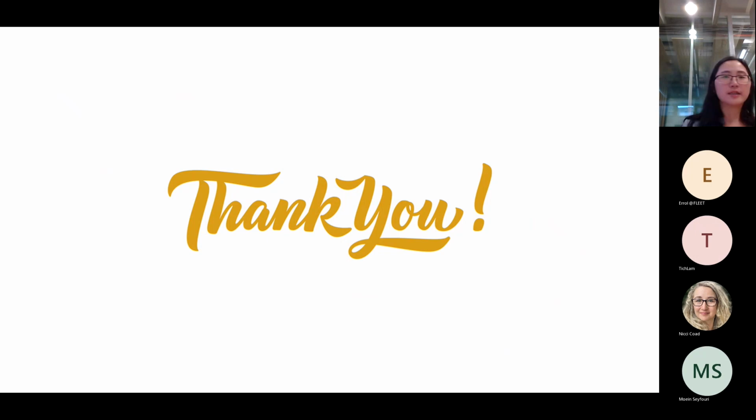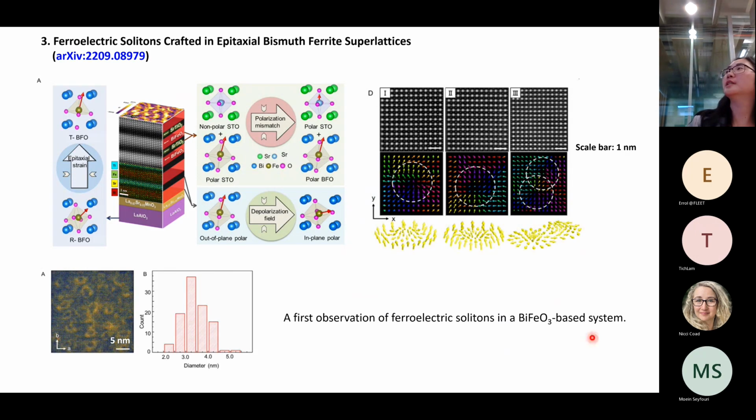Yeah, it's pretty much the same. This slide also summarizes that. The difference is that BFO in bulk structure is rhombohedral, so the polarization direction is along 111 instead of 001.